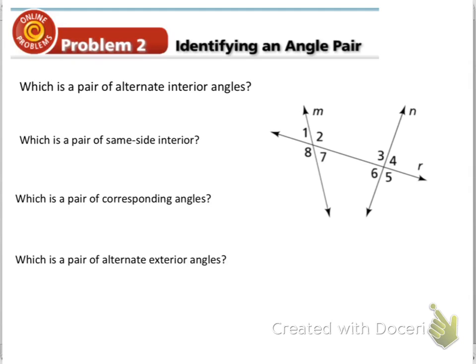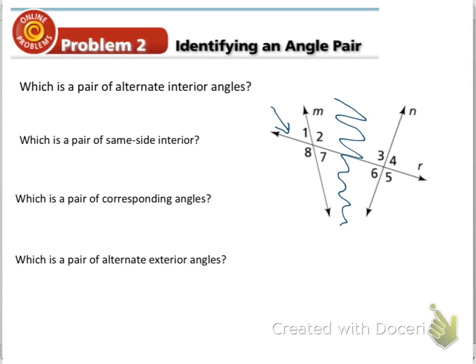So let's go ahead and practice these. Which is a pair of alternate interior angles? Just remember that this is our transversal right here. And when it says interior, we're talking about inside, between the two lines here. Okay, so alternate means that it's going back and forth.